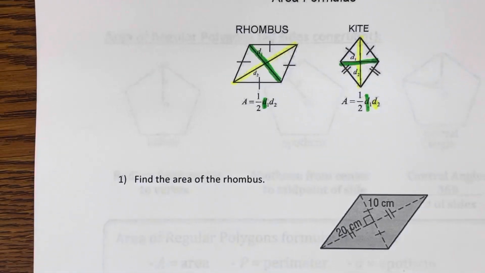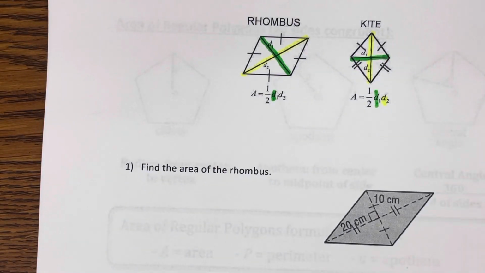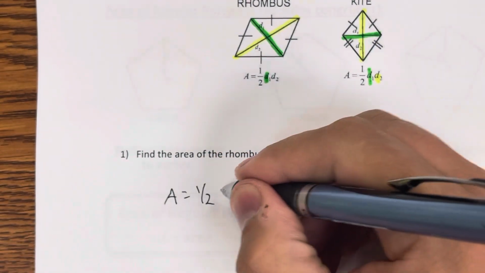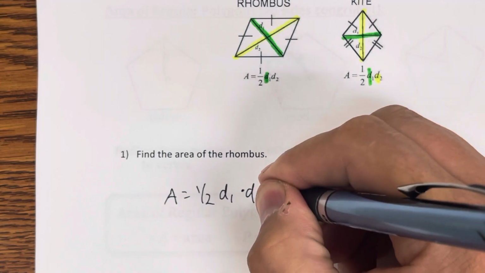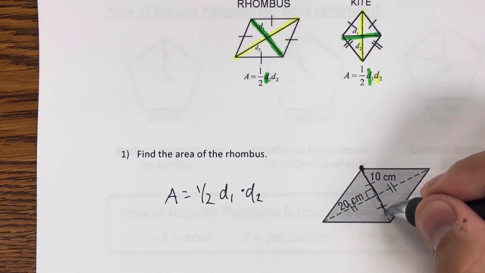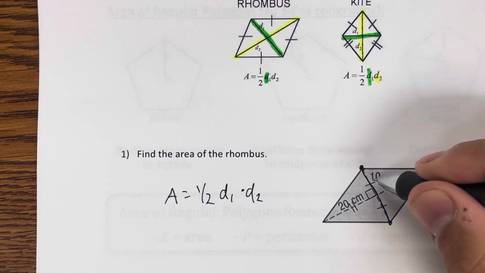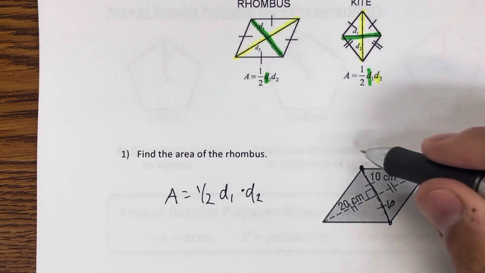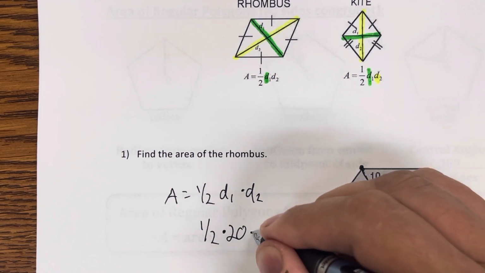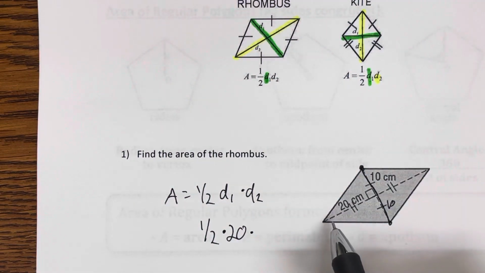So we're going to first find the area of a rhombus. For me to find the area of the rhombus, I need to take area equals 1/2 times diagonal 1 times diagonal 2. So diagonal 1 in this case, I'm going to go from here all the way across to here. And this piece is 10, so this is 10, so that whole length is 20. So 1/2 times 20 times the other diagonal.